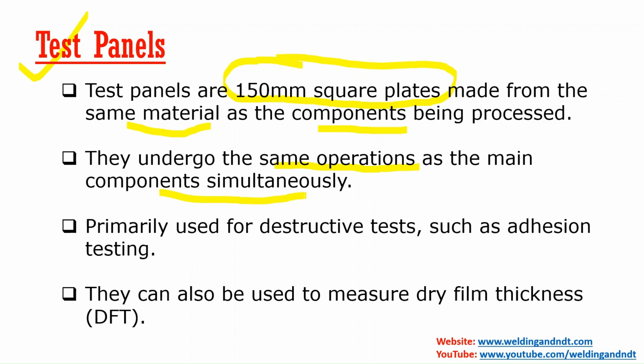So whatever operation you are doing on the main component, like blasting, cleaning, etc., that same operation will be done on the plate also. Then after that, you can use an adhesion test to determine the strength of the paint, or you can measure the DFT also through that test panel. So with this, test panels can be used.